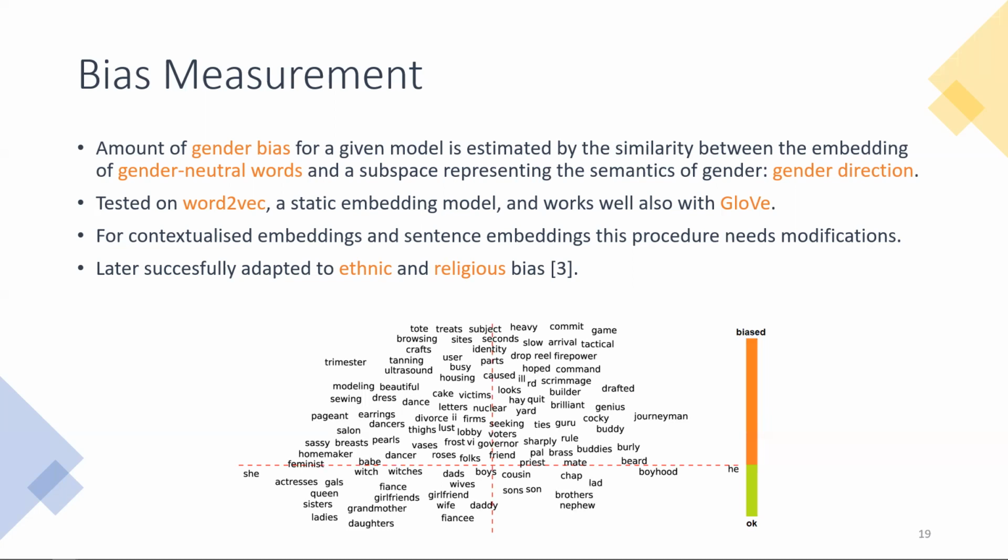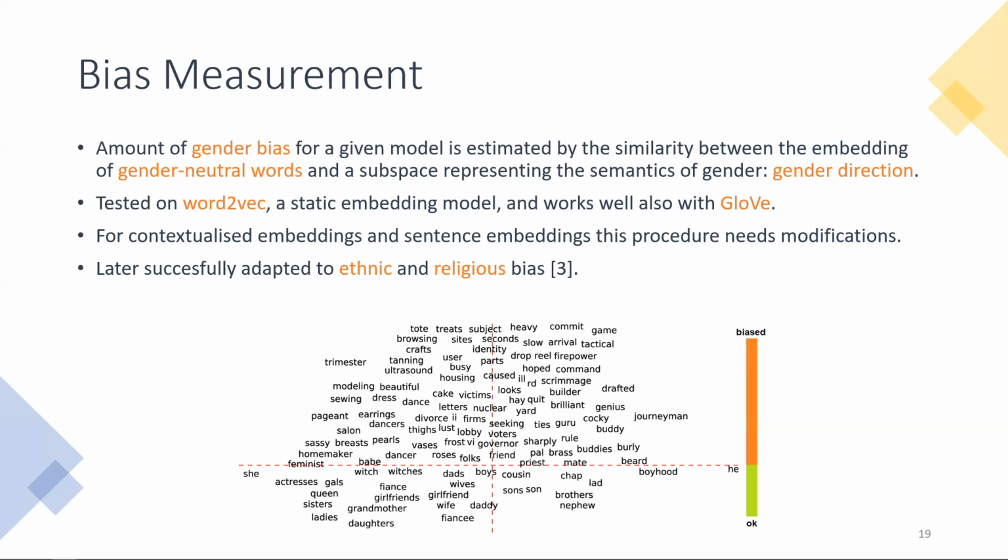And you look at all those words that should be gender neutral. So for instance, programmer should be gender neutral. So if you say programmer, you don't know if it's a male or a female that you are talking about. And the intuition is that gender neutral words should be orthogonal to the gender direction. So it means that they do not have any correlation with gender.